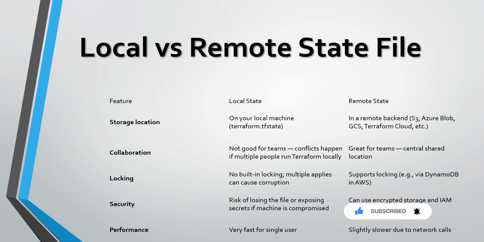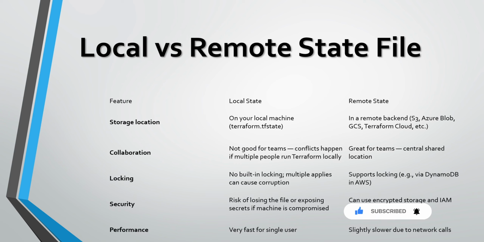If you're using remote state, then the state file is stored in a remote backend. A remote backend can be anything like an S3 bucket, Azure Blob, GCS, Terraform Cloud, and so many. When we're talking about collaboration, local state is not good for teams.